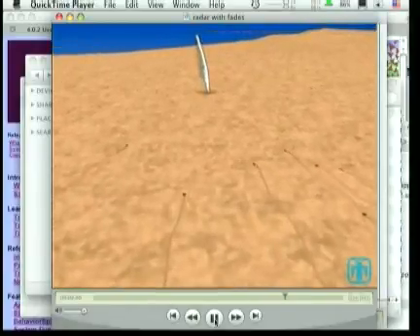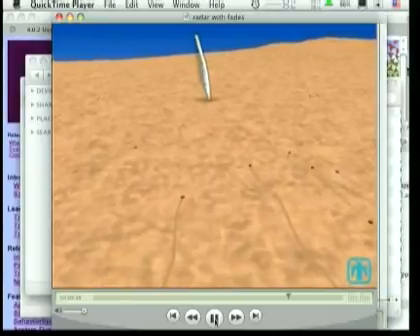The fact that they're not following the smoke plume directly is indicative of the fact that there is some noise in this algorithm.